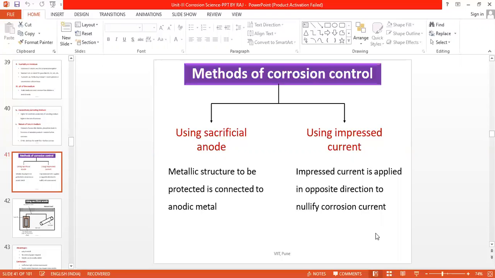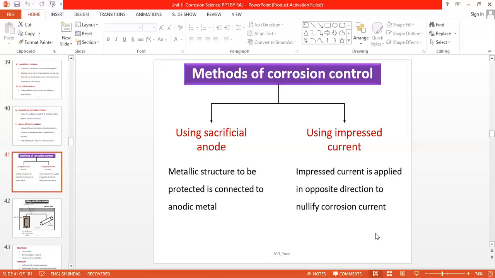It is one type of cathodic protection because the metal to be protected is forced to behave like a cathode. So, as I have said, the metallic structure to be protected is connected to the anodic metal, and at the cost of that anodic metal, the base metal is protected. Now, what is meant by impressed current?